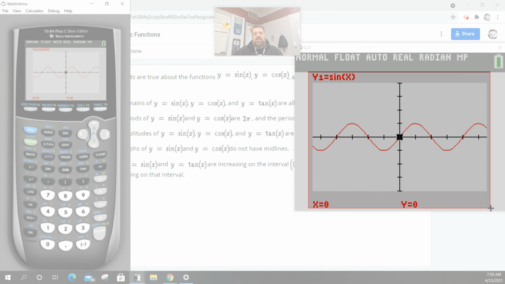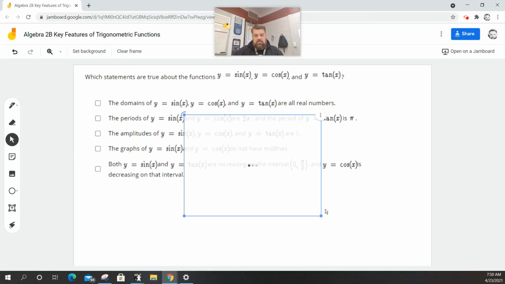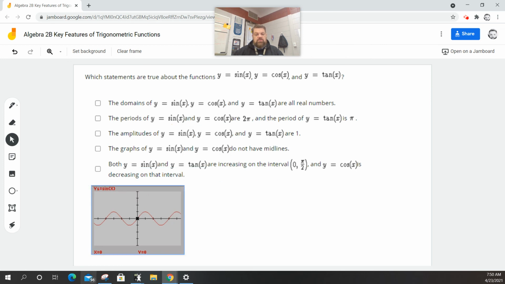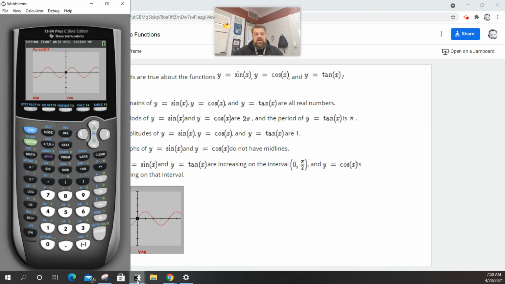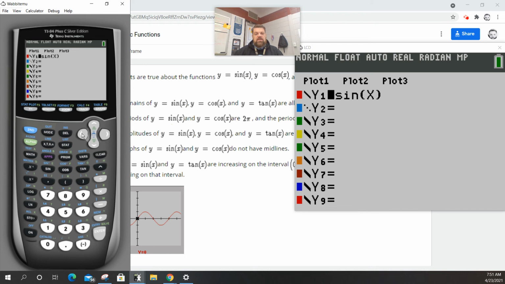And then I'm gonna graph all 3 of these functions, and then we'll look at them and see which statements are true. So the next thing I'm gonna do is cosine. So I'm gonna come right back in here and go to y equals. If I hit enter, that turns that one off. I want them to be different colors. So I'm going to do cosine of x, graph.